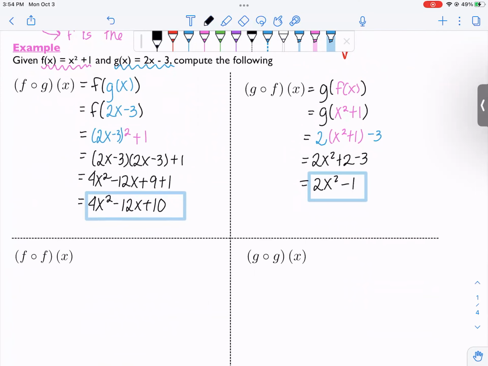We can compose a function with itself. So this is saying f of f of x. f of x is x squared plus 1.